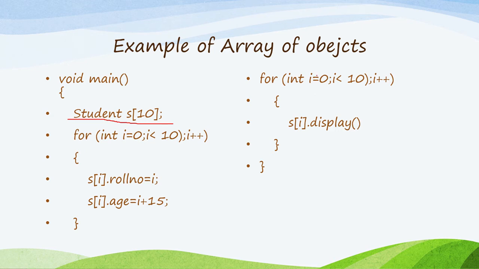In the same way, I will go from 0 to 9 and it will access every object using i and display the output. Here we need a semicolon. This is how we can use an array of objects.